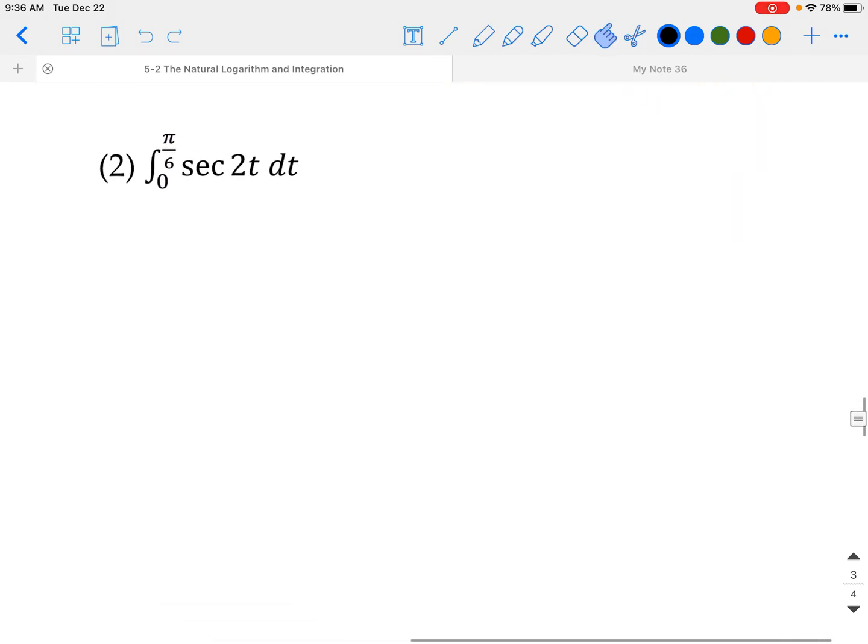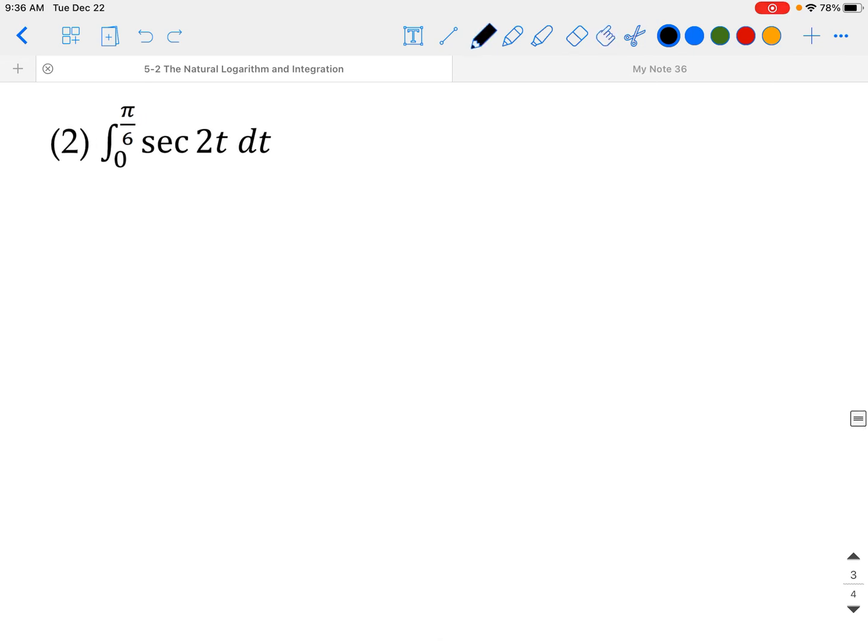And then similarly for 2, we've got secant 2t. So we could let u equal 2t. du is going to be 2 dt, which means half du is equal to dt. Secant 2t is actually not too bad to do without a u sub as well, so you could skip the u sub if you wanted to.